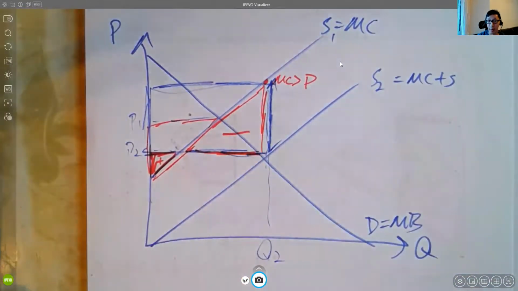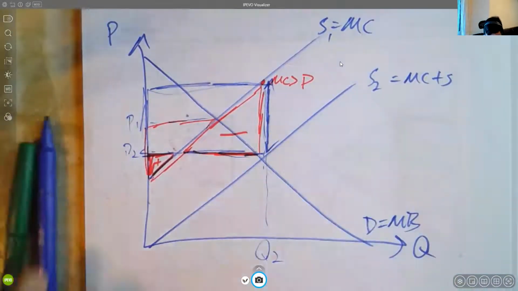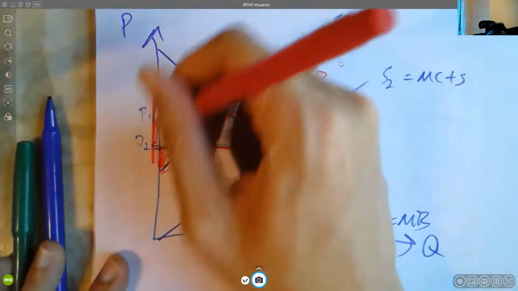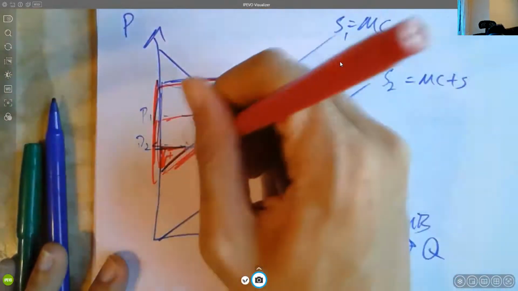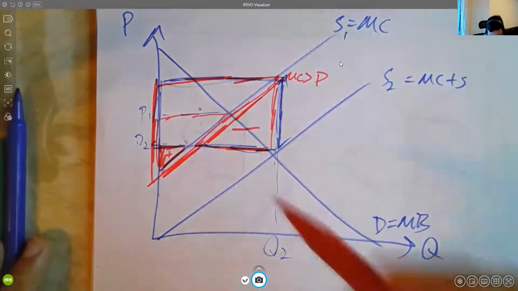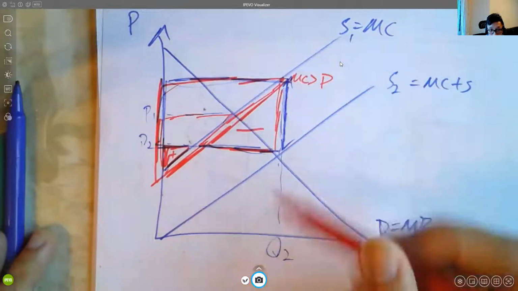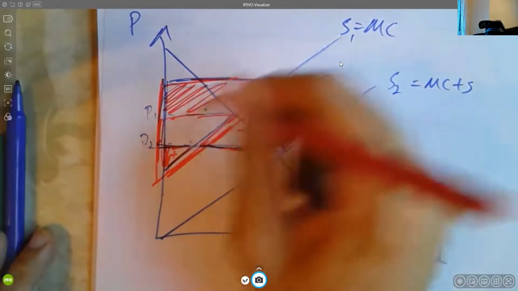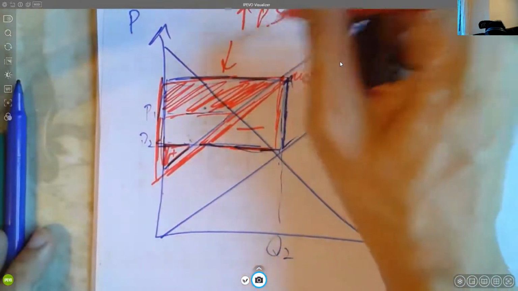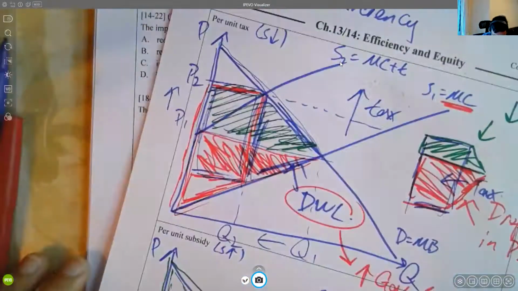Plus, I gained this whole thing. Now the new producer surplus should be this big triangle instead. Compared to the original situation, this one, the smaller one, and this one, the bigger one, this is actually the increase in PS. PS will increase.